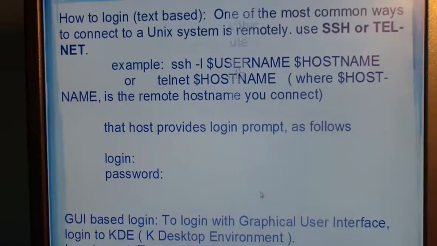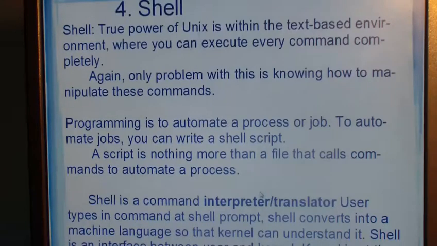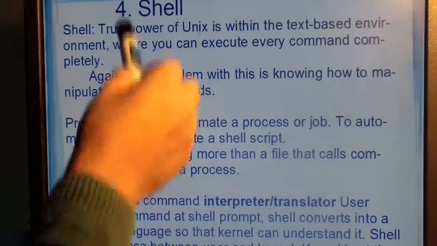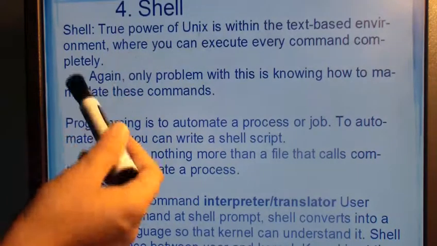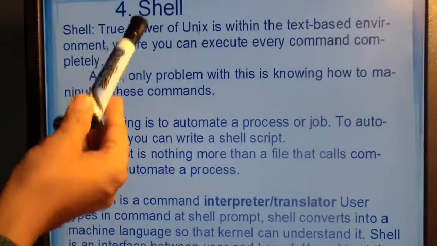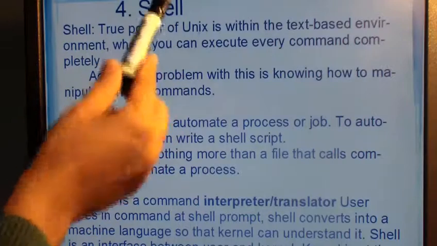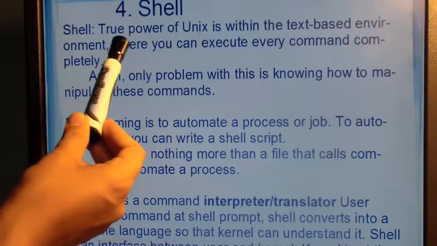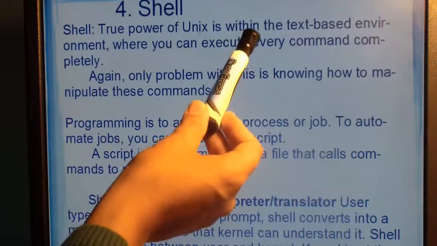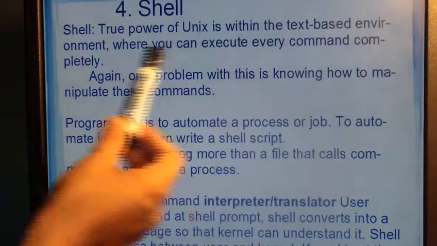Shell is the fourth topic. This is a very important tool or utility or feature of the Unix operating system. The true power of Unix is within the text-based environment, where you can execute every command completely.